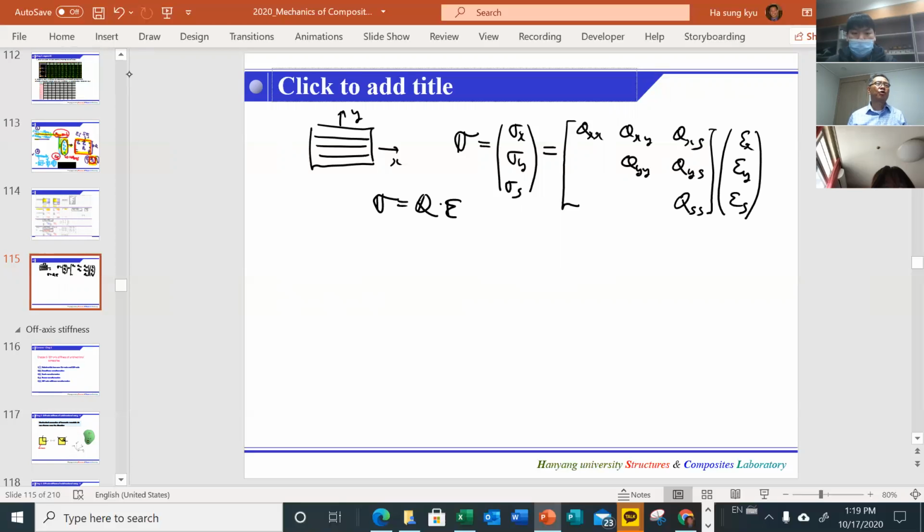How do we get this Q matrix? To define the material property, we usually use a form called the compliance matrix.